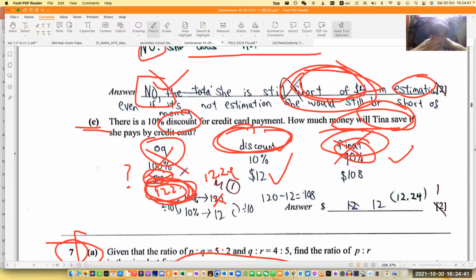I don't know why. By the way, for all questions, if you can use the most exact or the most accurate one, you use the most accurate one. Never round off. Understand or not? You see? 12 and 12.24. Choose the most exact one.